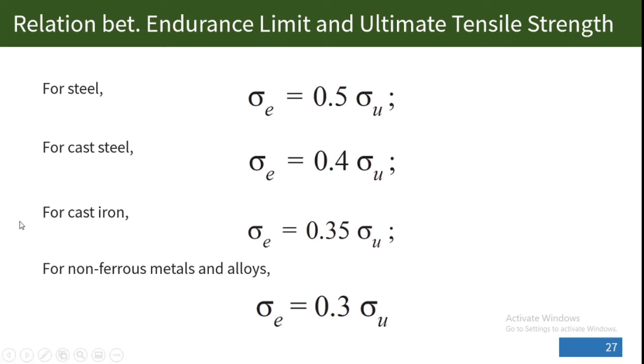For cast iron, the endurance limit is equal to 0.35 times the ultimate tensile strength. And for non-ferrous metals or alloys, the endurance limit is equal to 0.3 of the ultimate tensile strength.